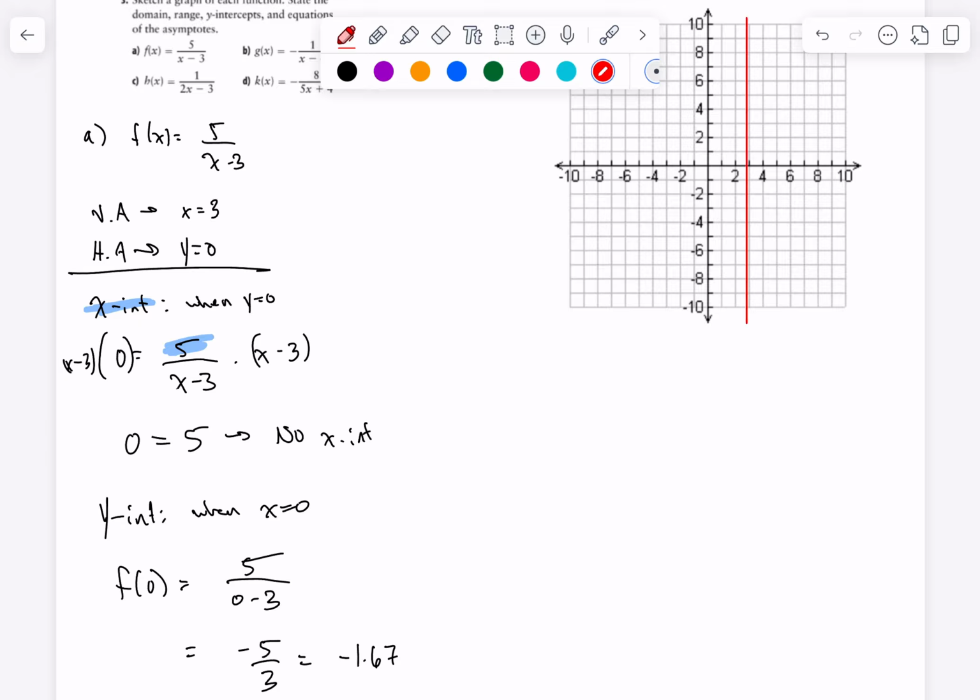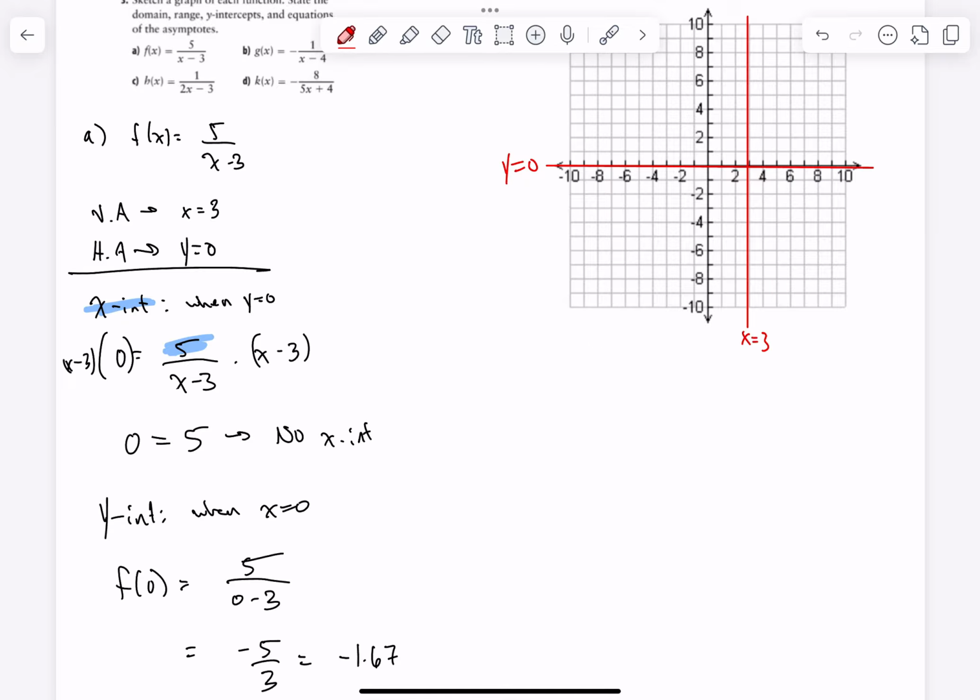It should be over a little bit more, didn't do too well there. Okay, so that's at x equals 3, and then you also have a horizontal asymptote at y equals 0. Then we found a y-intercept at 0 and negative 1.7, basically, so somewhere in here.